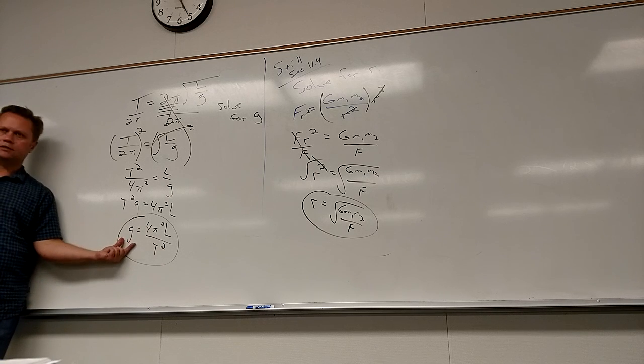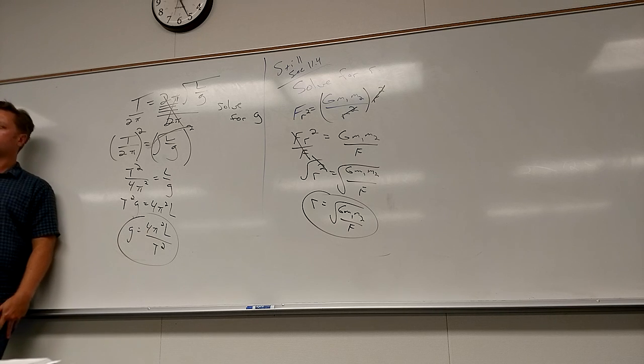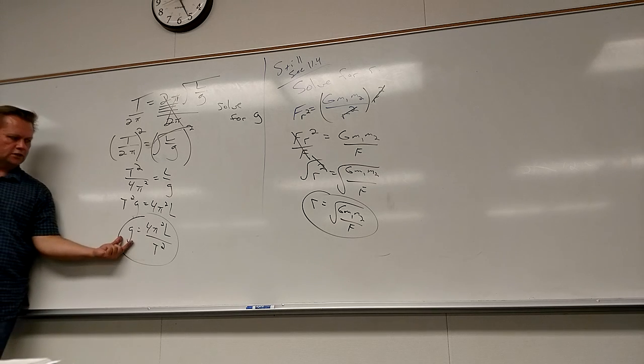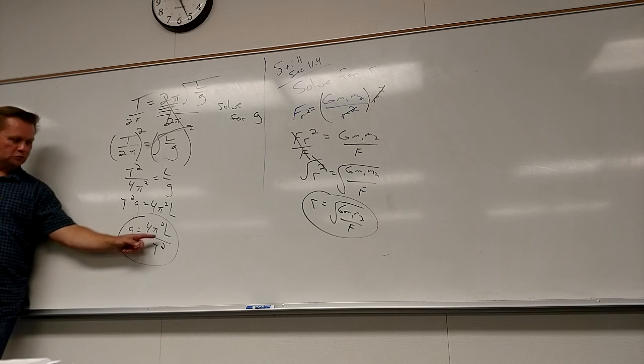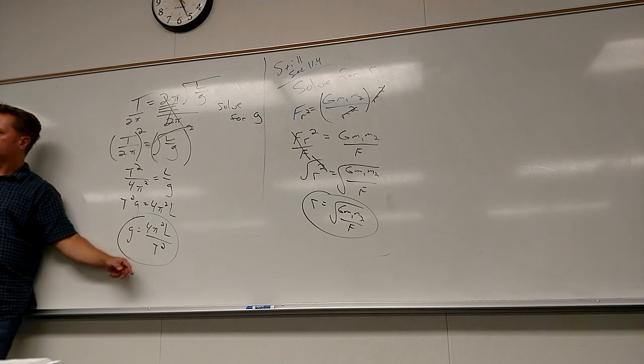So G in this case is the gravitational acceleration, 32 feet per second per second. So if you drop something, every second it's going 32 feet per second faster. How would you say that answer in real life terms? The gravitational acceleration can be found by multiplying the length of a pendulum times this constant and dividing by the square of its period.